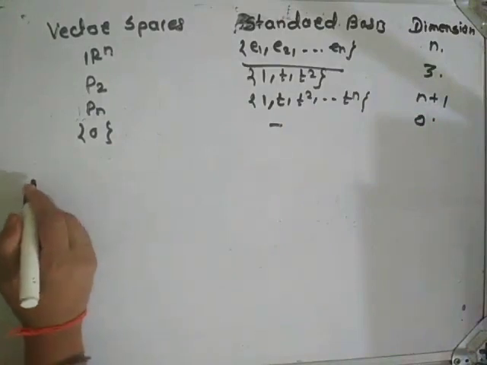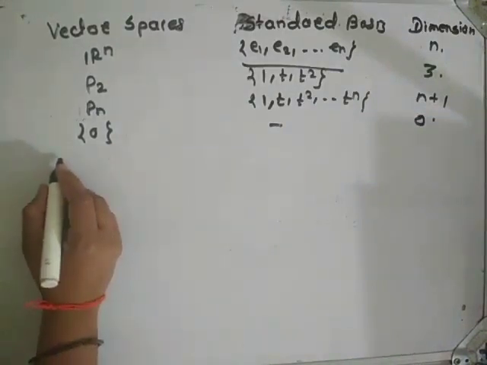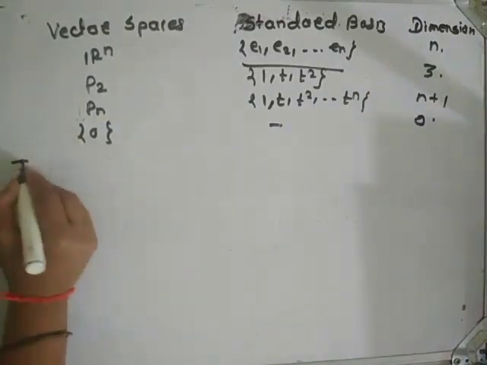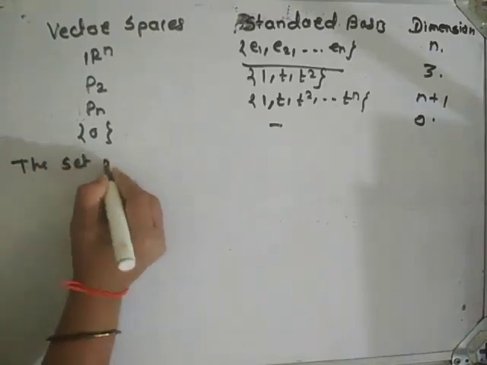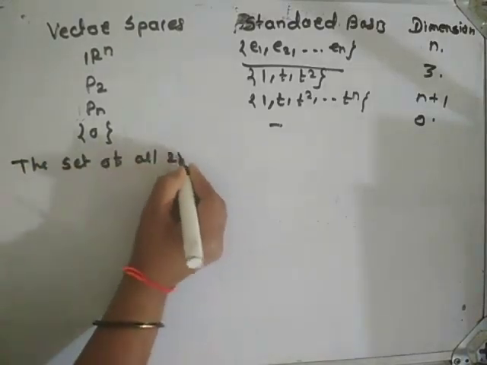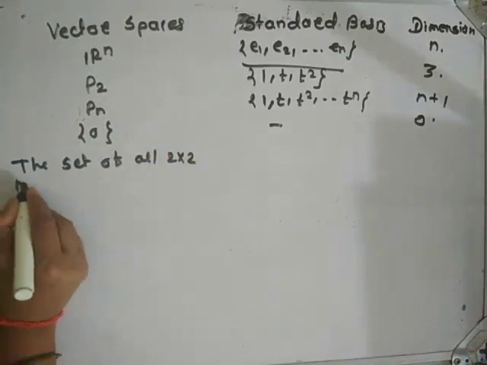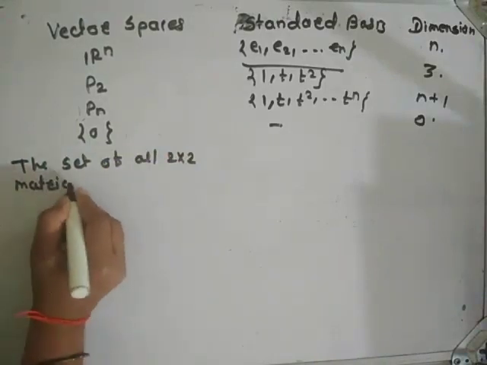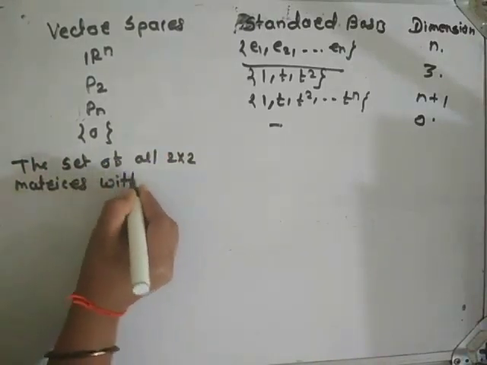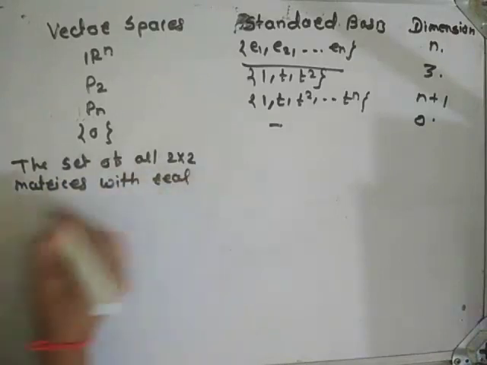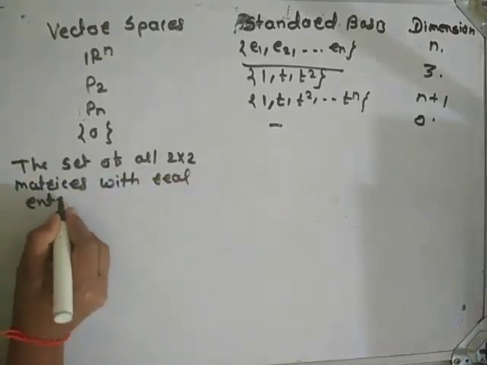Next is the set of all 2 by 2 matrices with real entries.